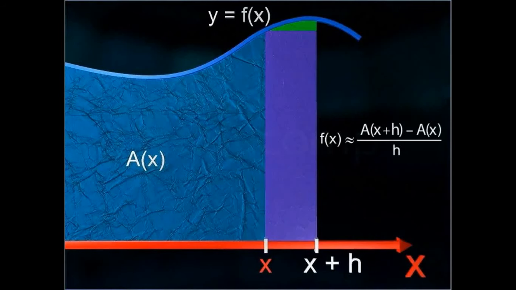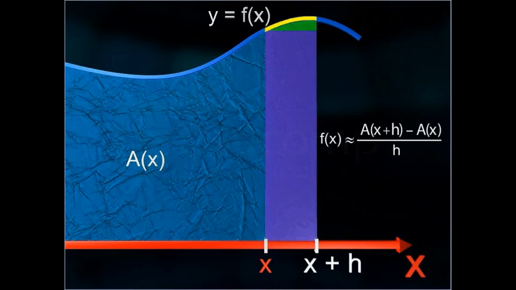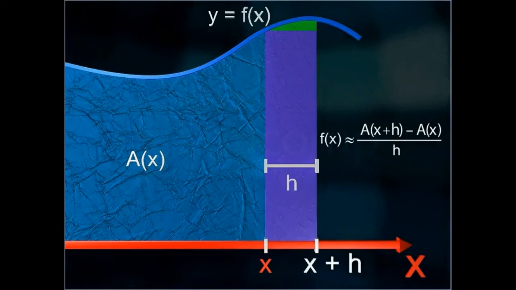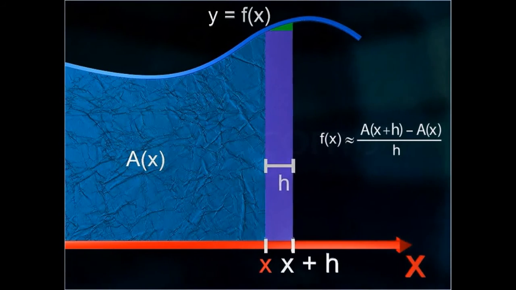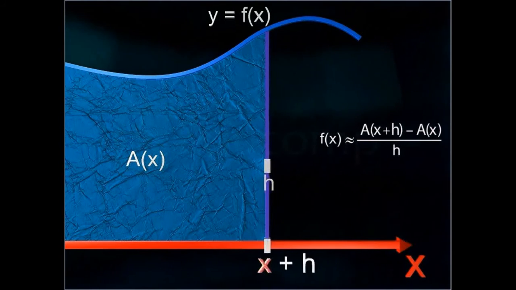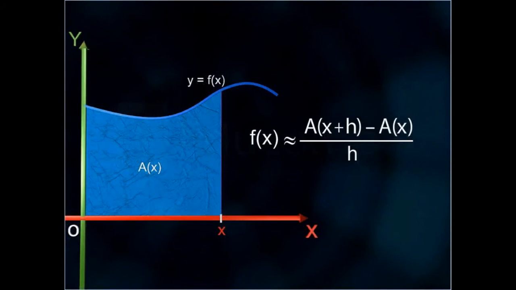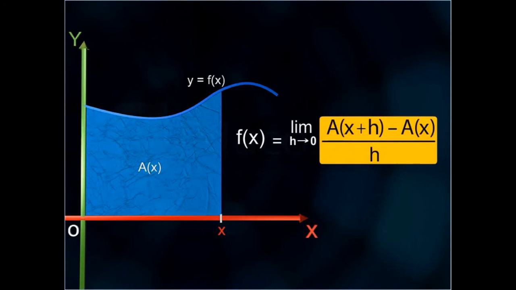Also, the approximated area approaches close to the exact value of the area under the curve as h becomes smaller. Thus, the approximation changes to equality as limit h approaches 0 on the right-hand side.